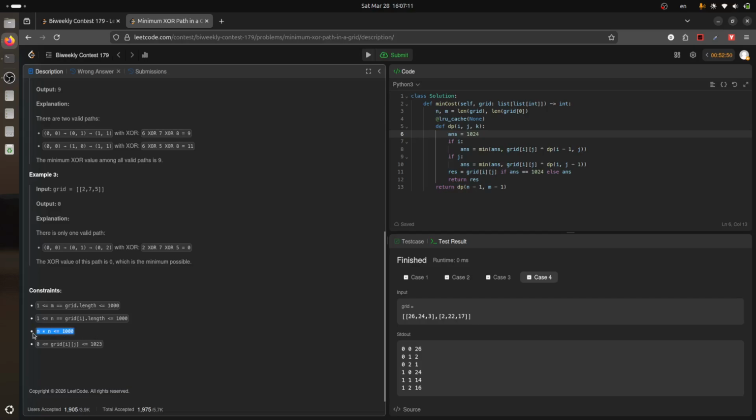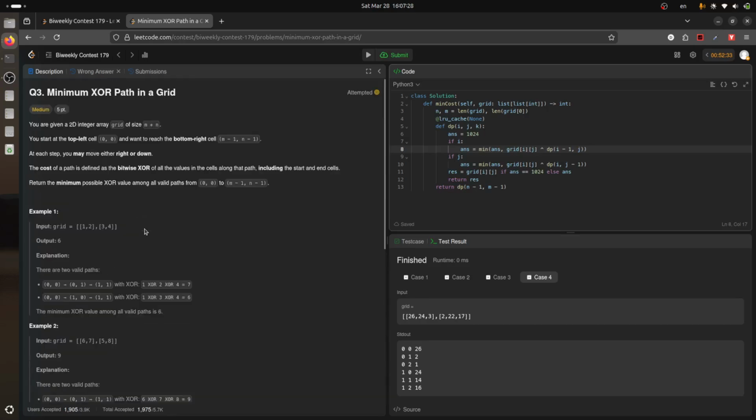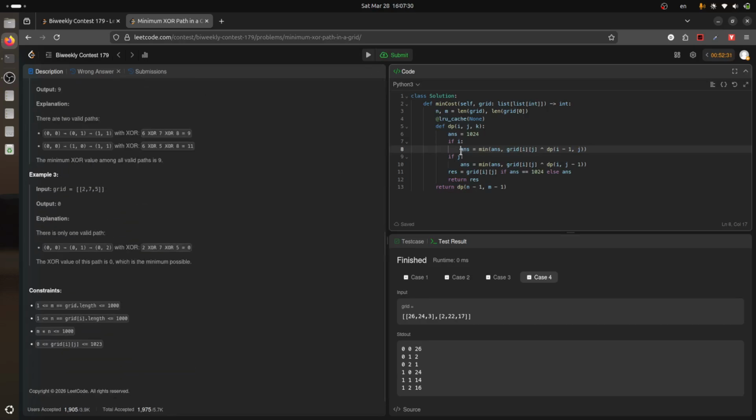Oh my god, bro. Okay, so m times n is 1000. I did not realize that. Okay, alrighty. So basically now what that means is that they want us to compute that path for all possible values.